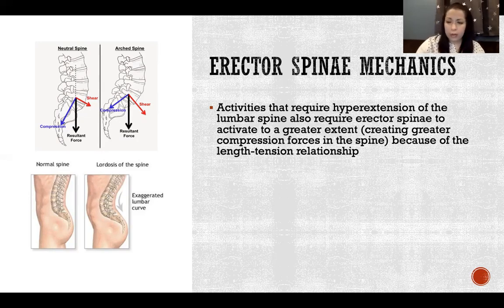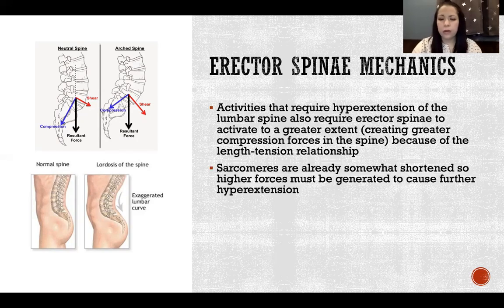So in that case, the sarcomeres are already somewhat shortened in that position. And so to be able to produce enough force, they have to contract or activate to a greater extent to cause further hyperextension because of the length tension relationship. So remember, based on the length tension relationship, we want there to be an optimal amount of overlap between the filaments in a sarcomere.